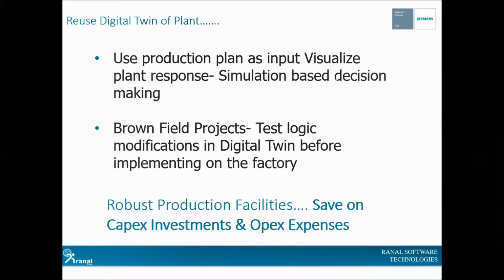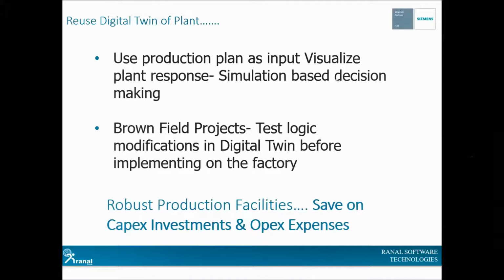Now that we have a digital twin available with us, how can we use it on a day-to-day basis to improve our operations on a continuous basis, to be more effective and achieve timely deliverables to the customers?